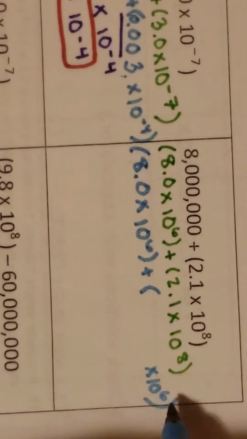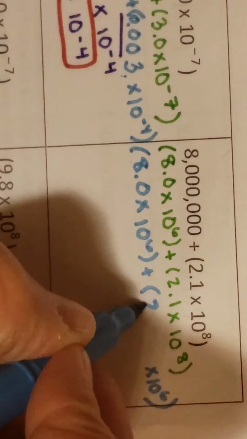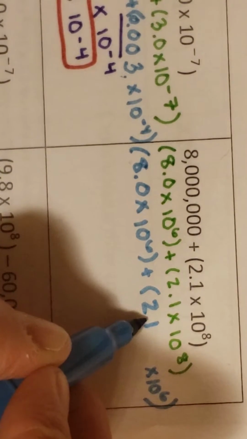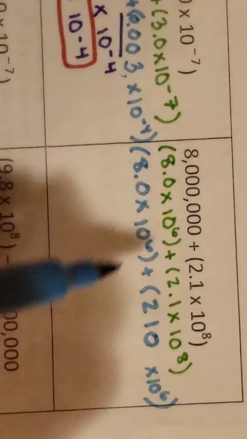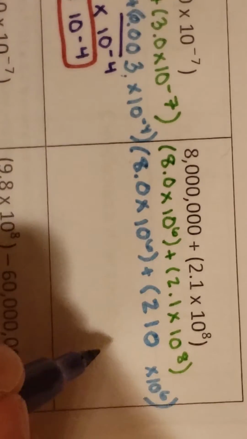So to counteract that decrease of 2 multiples of 10, I need to increase. So I had 2.1. That's where the decimal was. And so I'm going to move 2 places to the right. And so 2.1 times 10 to the 8th power has the same value as 210 times 10 to the 6th power.